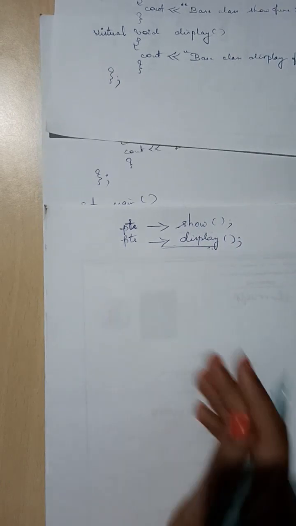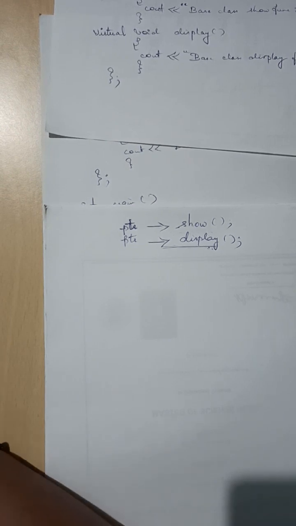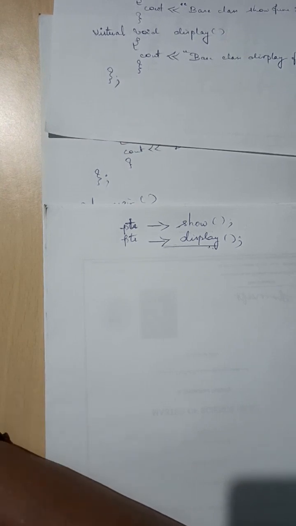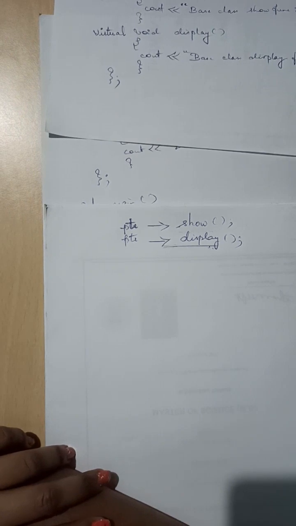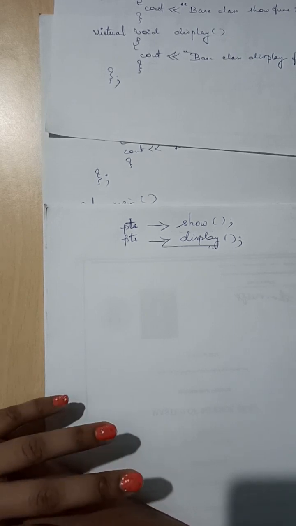Hope you guys have understood how to override the functions and how to use the keyword virtual, because without using a base class pointer object we cannot override and we cannot implement the virtual functions concept in C++.